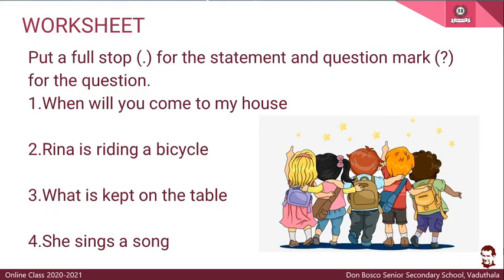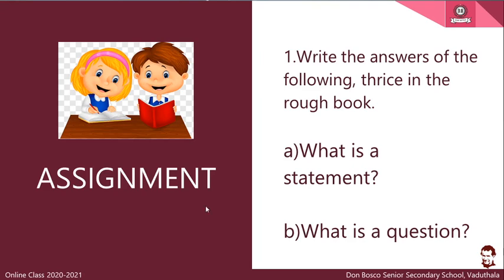Now we are going on to the assignment. What is written over there? Write the answers of the following thrice in your rough book. Thrice, 3 times in your rough book. And what is the question? First one, what is a statement? I have already told you what a statement is.